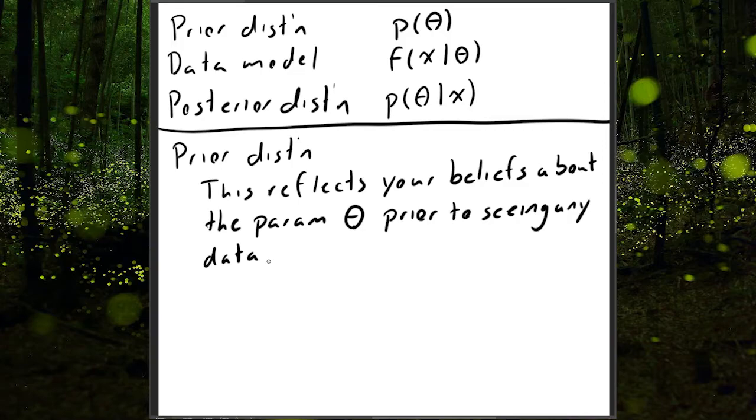I can do an informative prior, a prior that incorporates knowledge I have from outside the problem. I can also do something that I often call a reference prior, which is to try to contribute as little information as possible to my analysis here and let the data basically speak for itself.